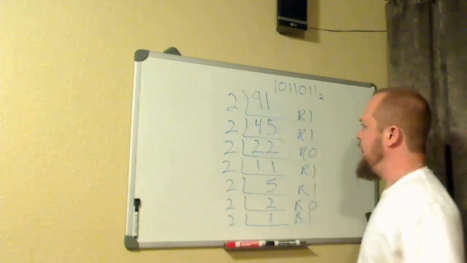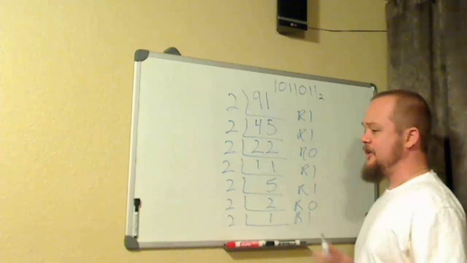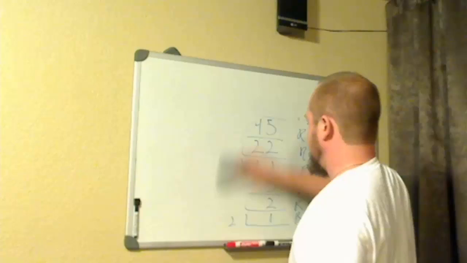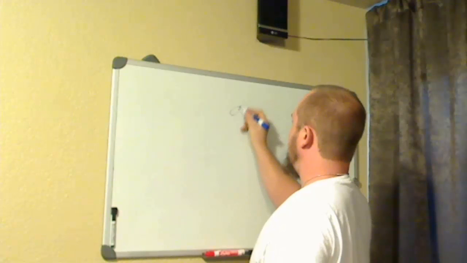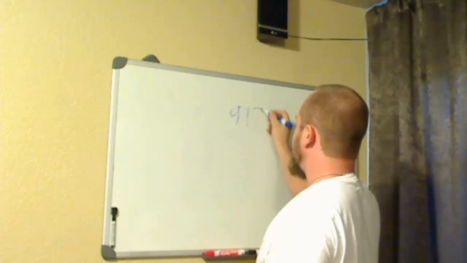So now let's go ahead and try to convert a decimal number to octal. Let's go with a different number. Let's say we have 9173.